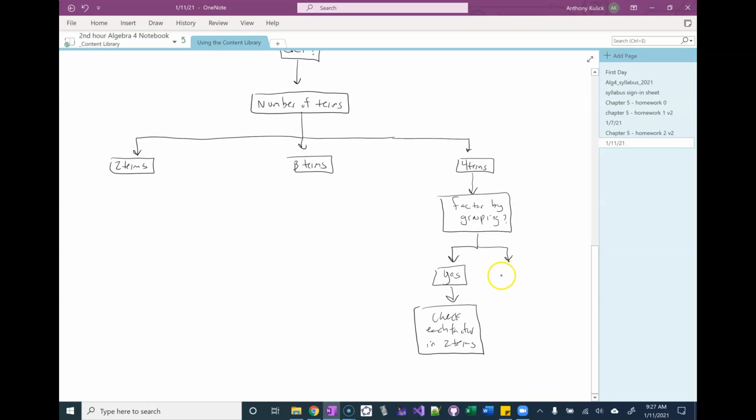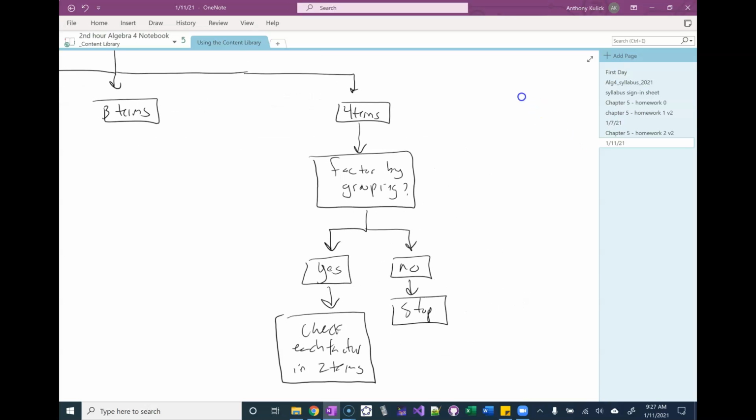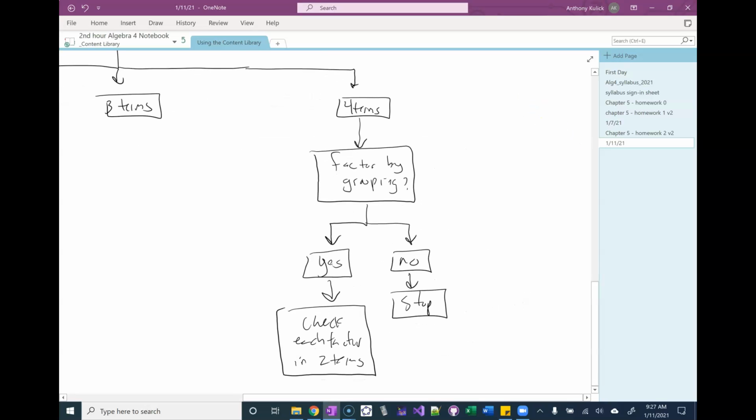If it's not factorable by grouping, then we stop. Currently we would not have a technique to use in that situation. We will have some other things we can try later on, but for the time being, we're out of things to try.